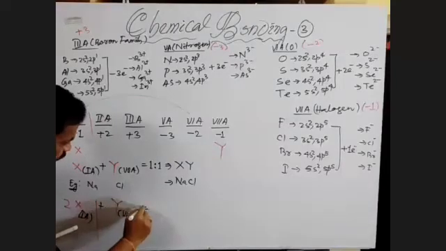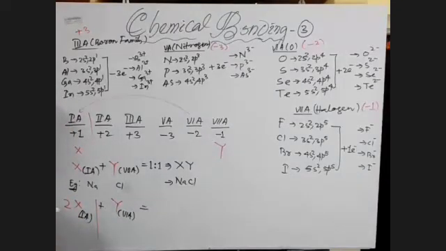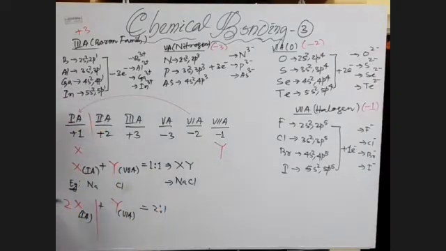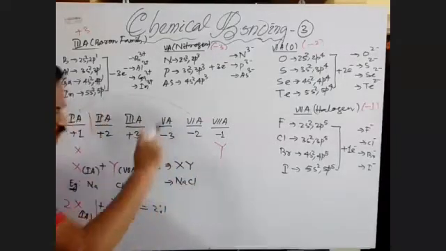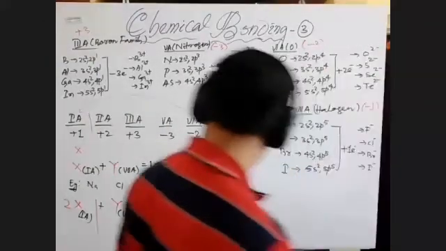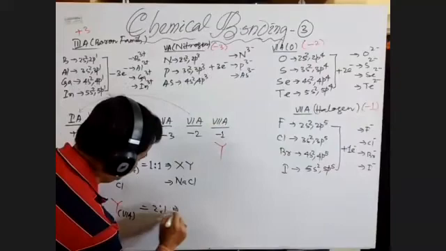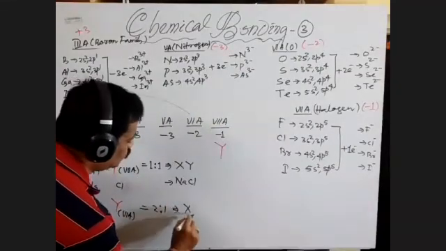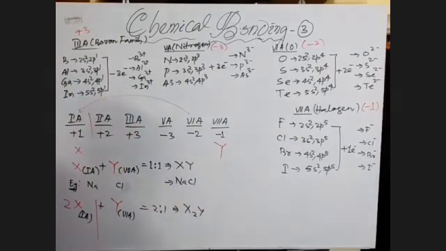And what is the ratio here? The ratio is 2 is to 1, meaning two elements of first A group and one element from sixth A group. Then the chemical formula will be X2Y.